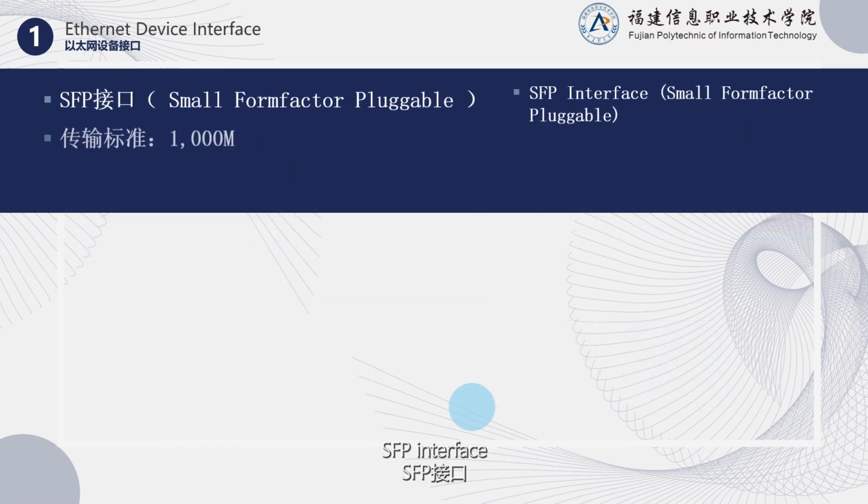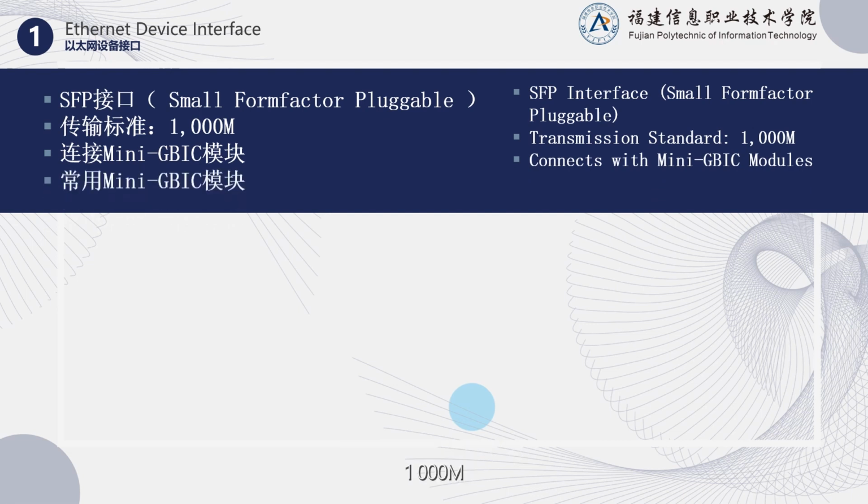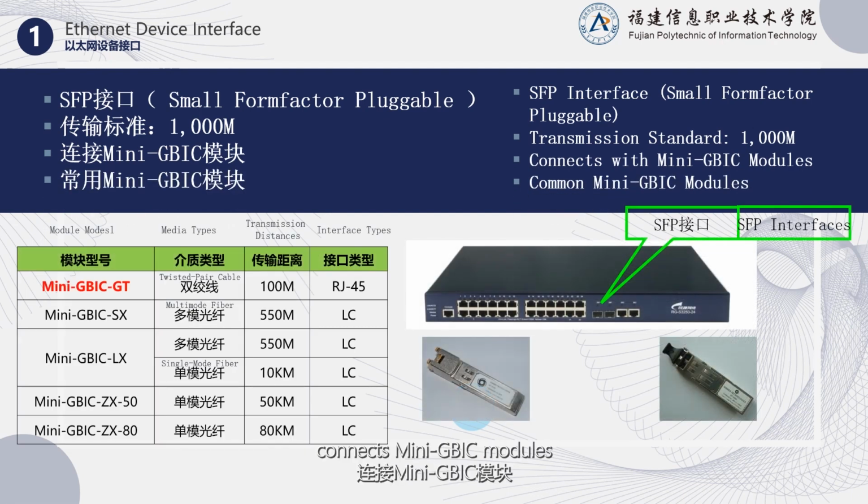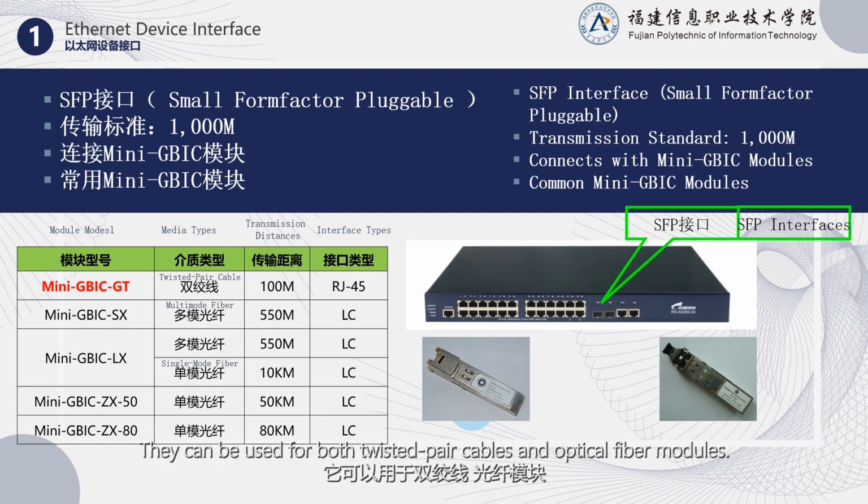SFP interface, transmission standard 1000 M, connects SFP modules. Compared to GBIC modules, these modules are much smaller in size. They can be used for both twisted pair cables and optical fiber modules.